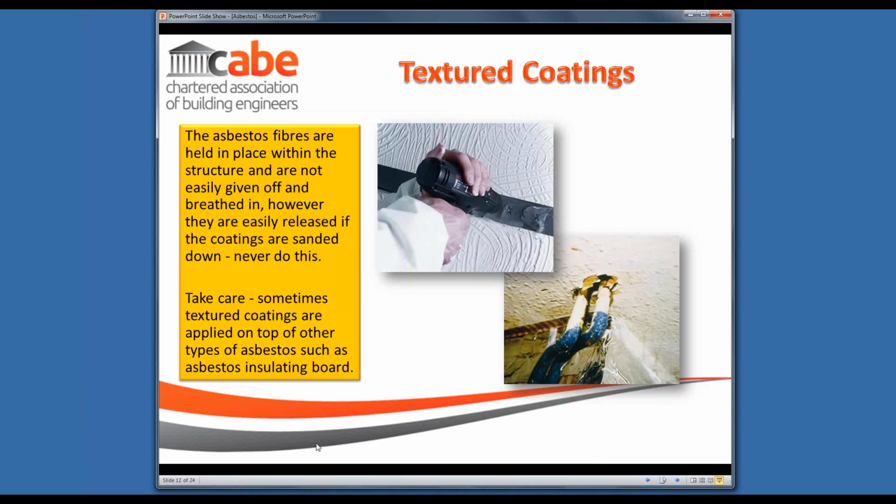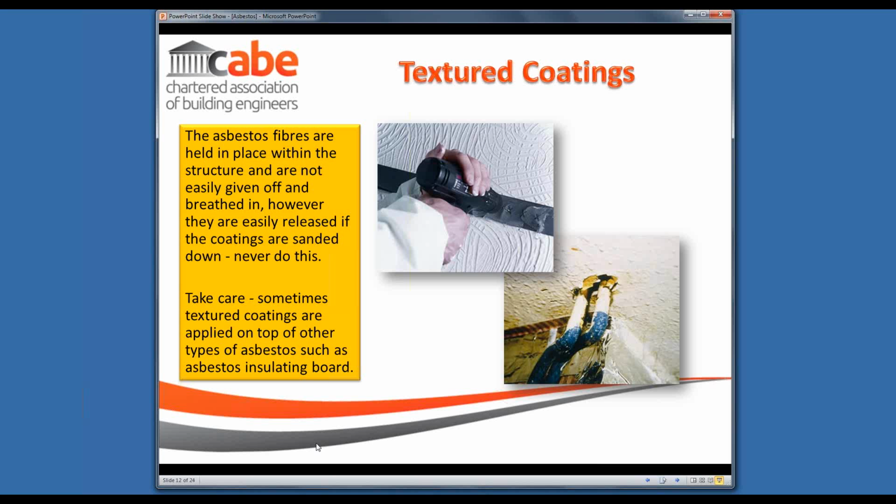There's also an acknowledged risk now with some textured coating materials such as Artex, where the fibres were incorporated within the textured coating. Now this tends to be a fashionable issue. We originally had a lot of properties with very flat ceilings and decorative covings and cornices.